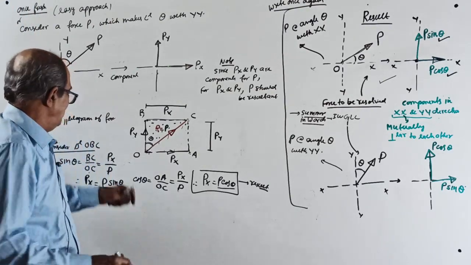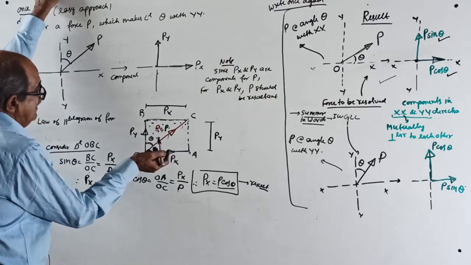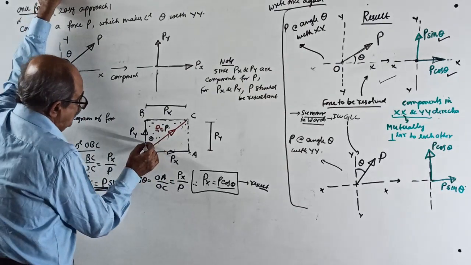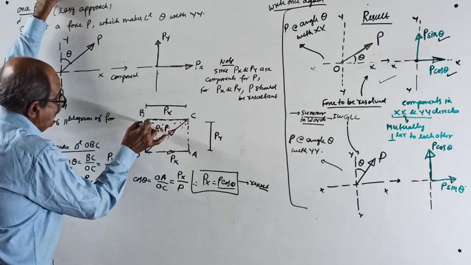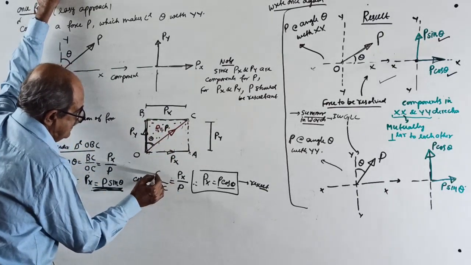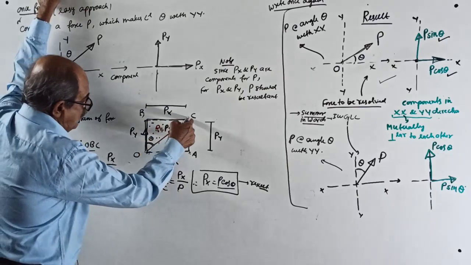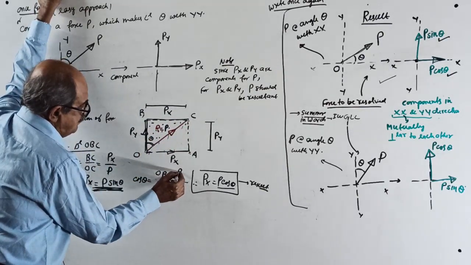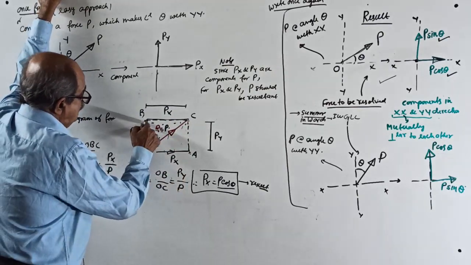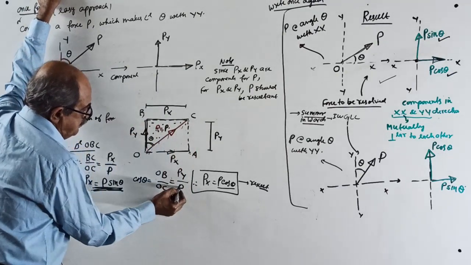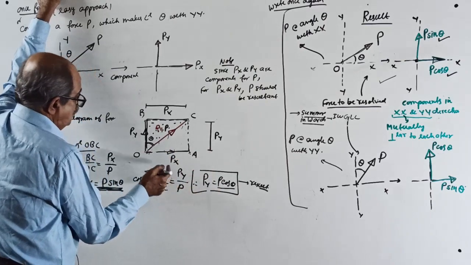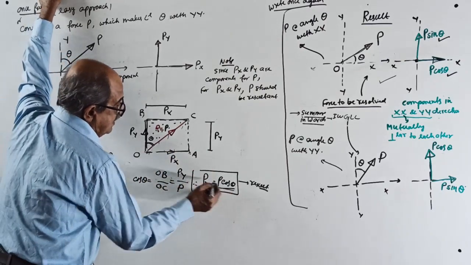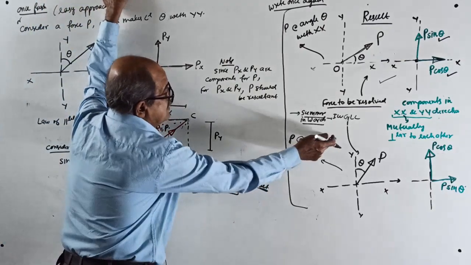Px equal to P sin theta, and cos theta equal to, see, for this triangle, OB divided by OC, but OB equal to Py and OC equal to P, or your Py equal to P into cos theta. Now go to the result.